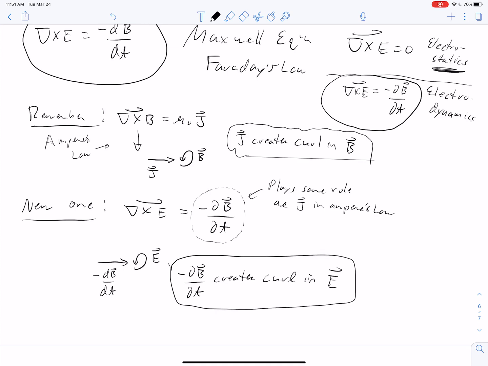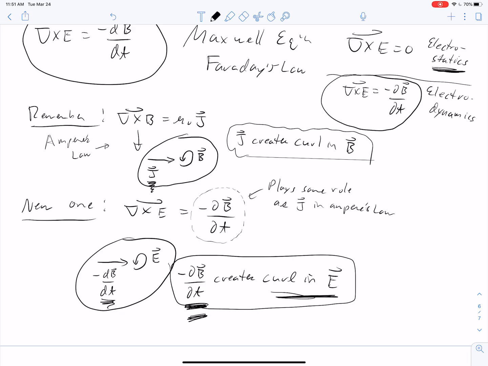I want you to see the geometry, like, see, I'll circle this. The geometry there is the same as this geometry. You can use the right-hand rule, because if I have some dB dt, then by the right-hand rule, that's going to create curl in my E field. The same way that if I have some J, it creates curl in my B field.